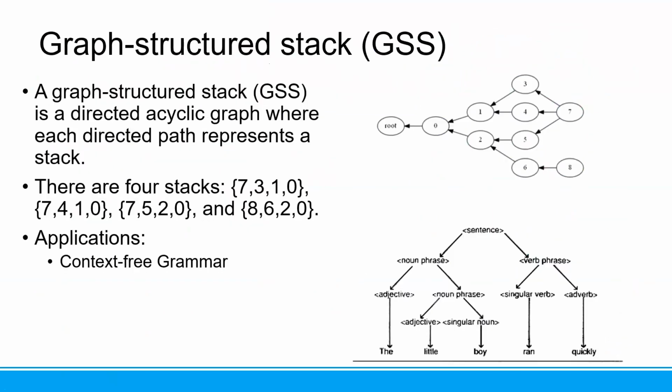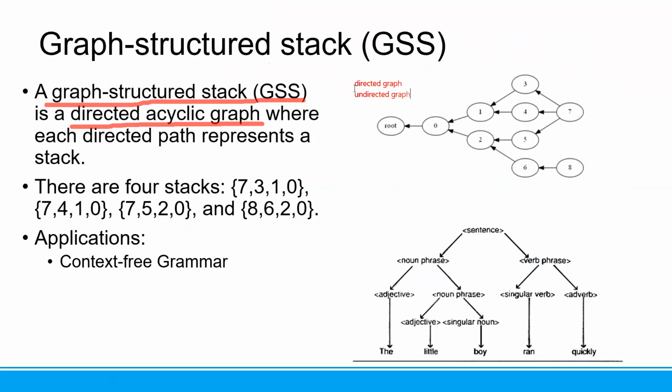We can make the graph structure stack. So the graph can be in the stack. We call it a graph structure stack, or GSS, and it is a directed acyclic graph. Directed acyclic graph, what is it? We know the graph can be a directed graph or an undirected graph.